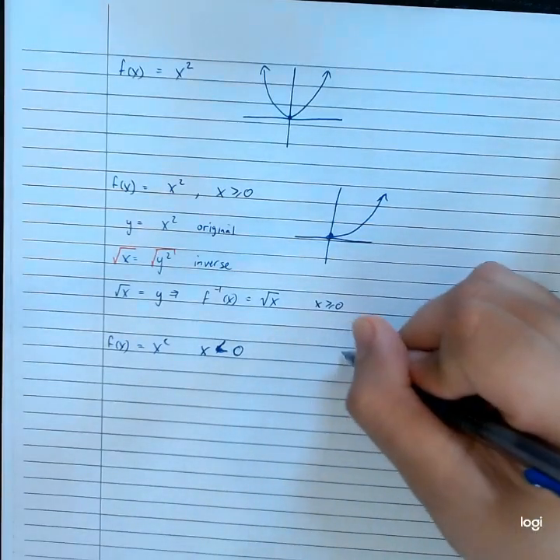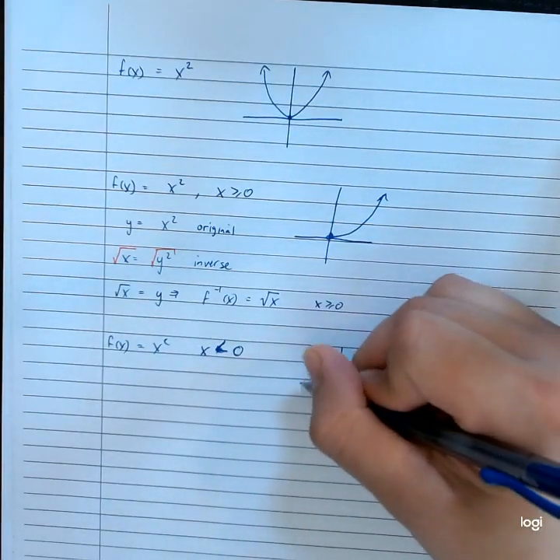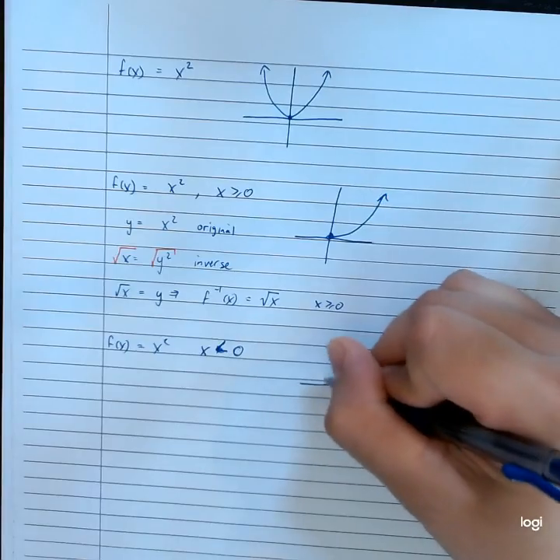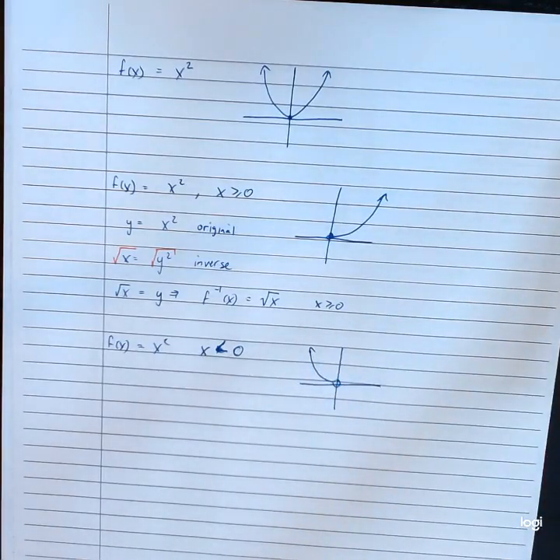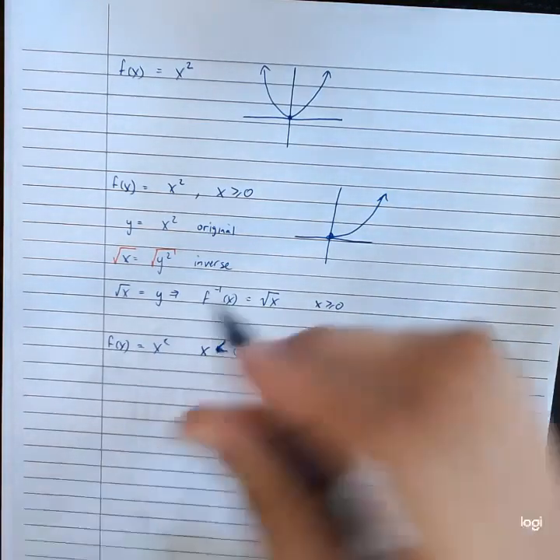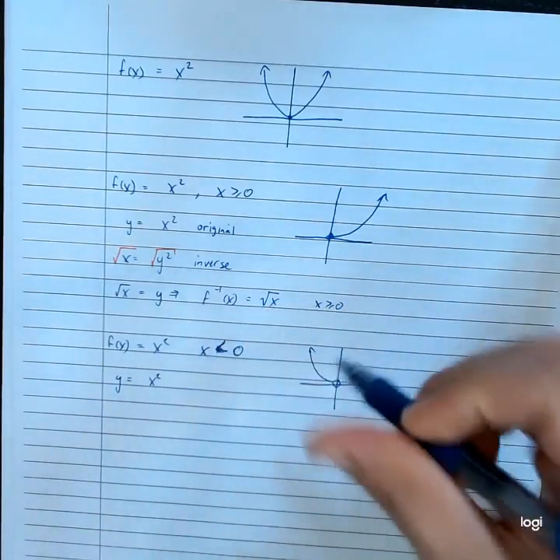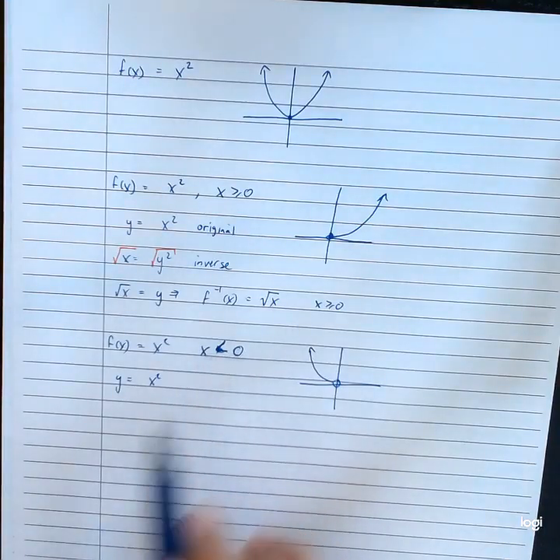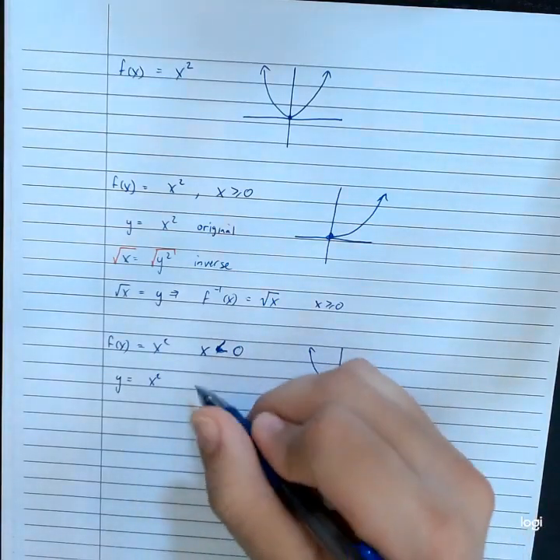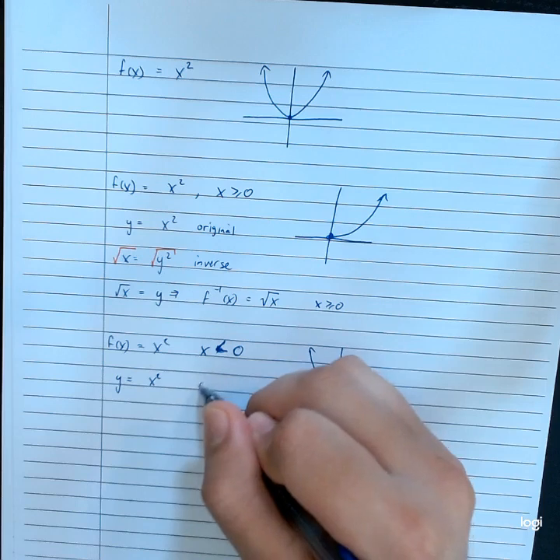So now that would be just the left-hand side of my parabola. That looks something like this. Okay, so now if I were trying to invert this, I could say y equals x squared. And again, keep in mind that there's a restriction. X should be negative. Here, this would be my original function.